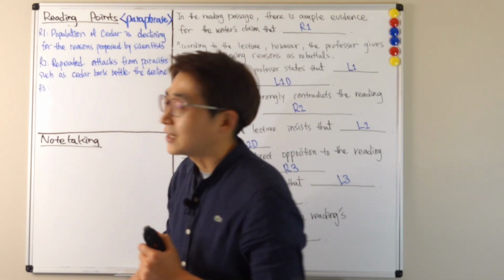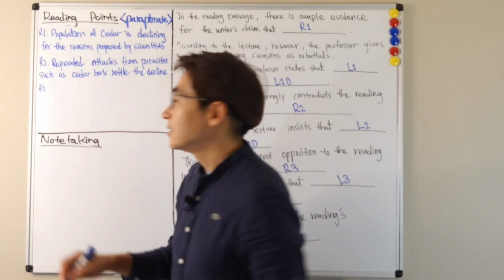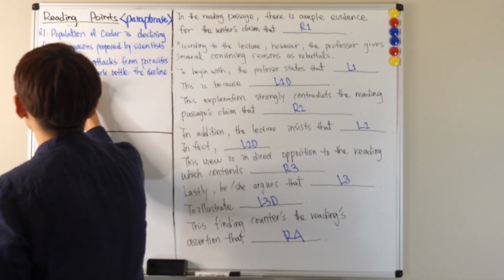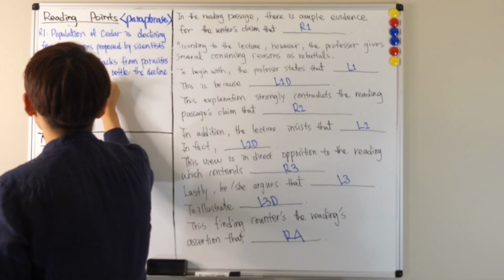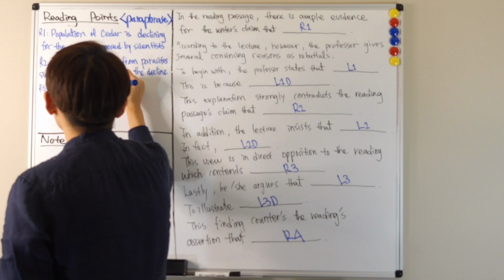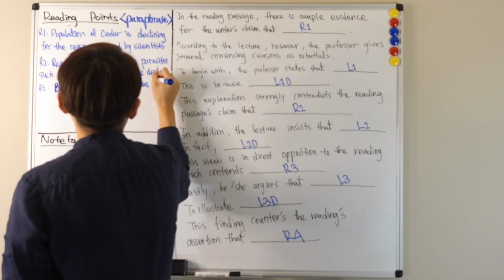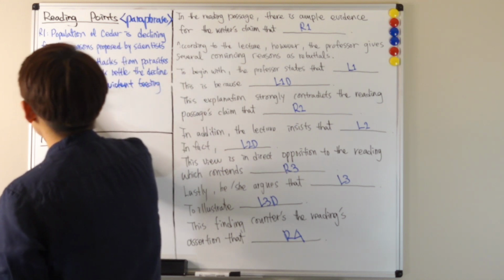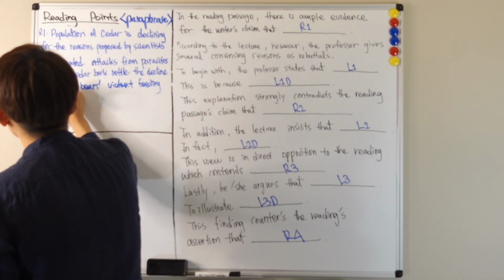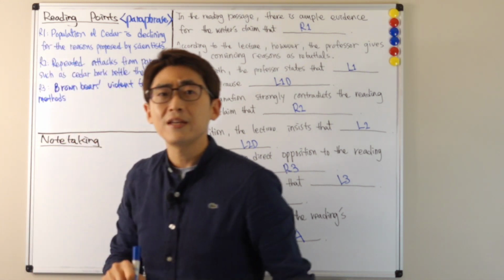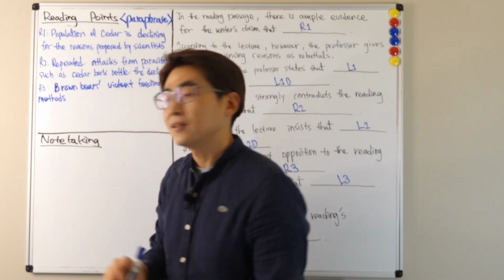So our paraphrase sentence would look like: brown bears' violent feeding methods are.